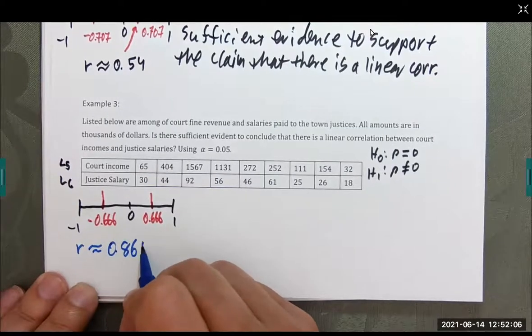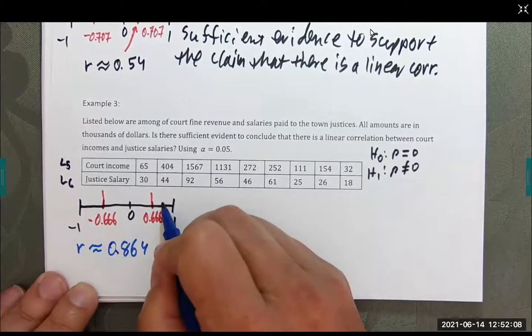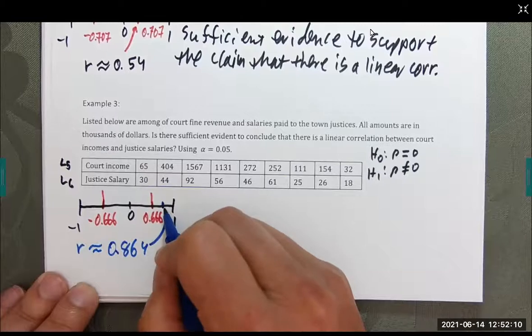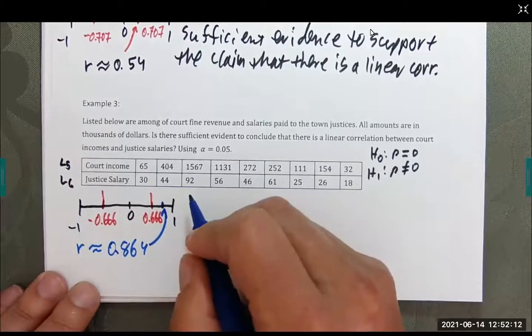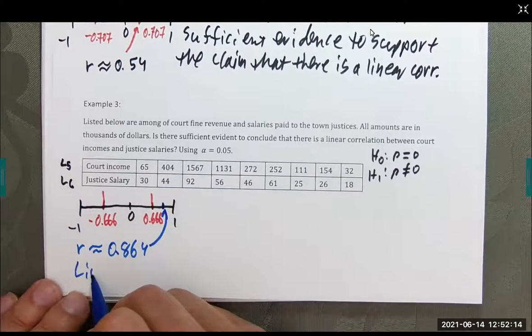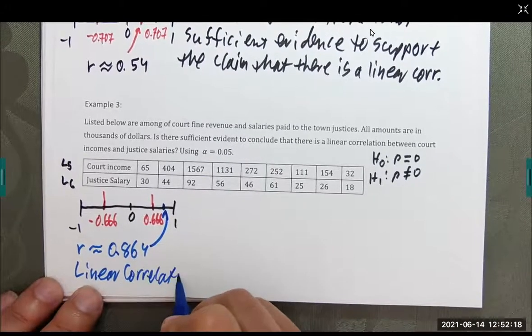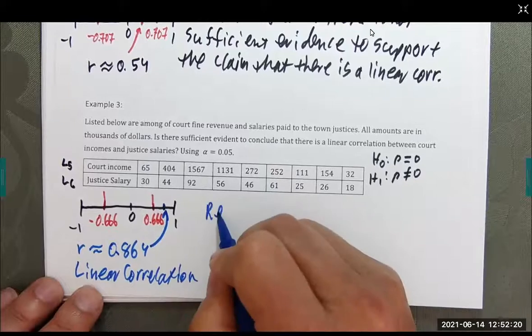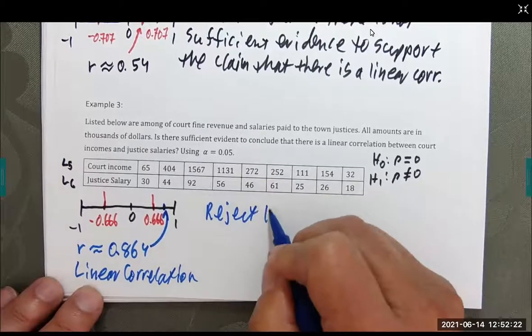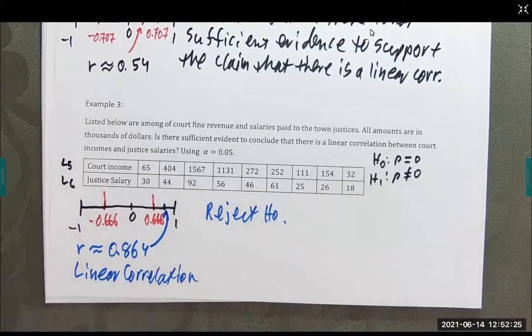Hey, that's about right there. So there's linear correlation. So we're going to reject the null hypothesis. So there is sufficient evidence to support the claim that there's a connection between court income and justice salary.